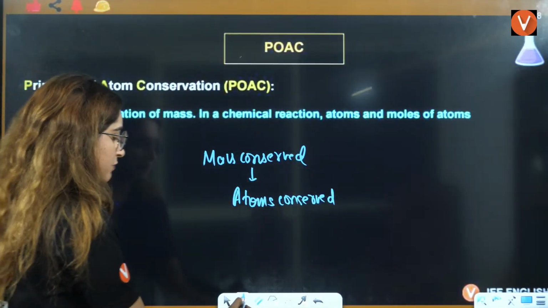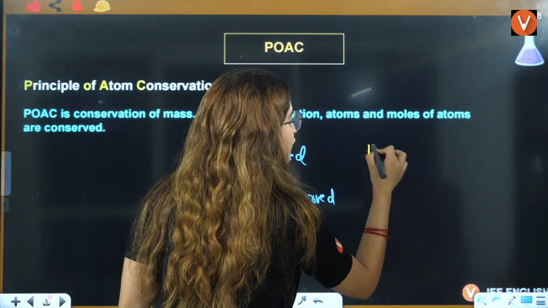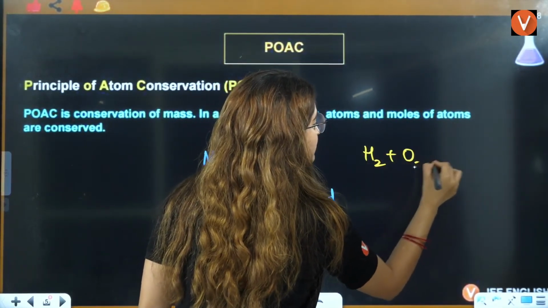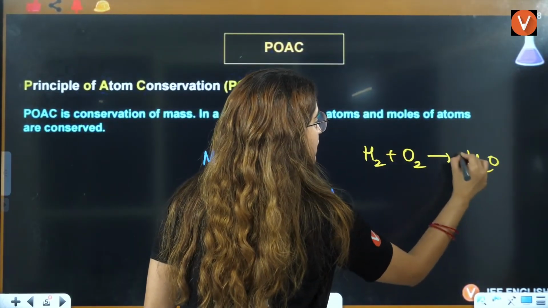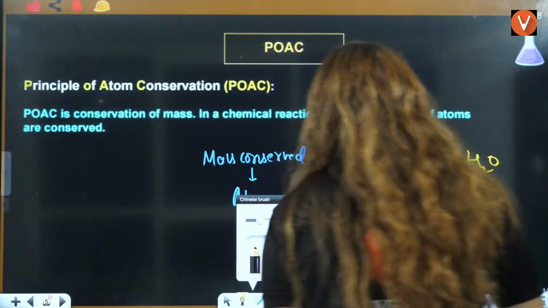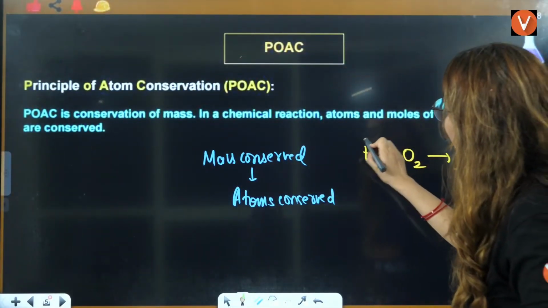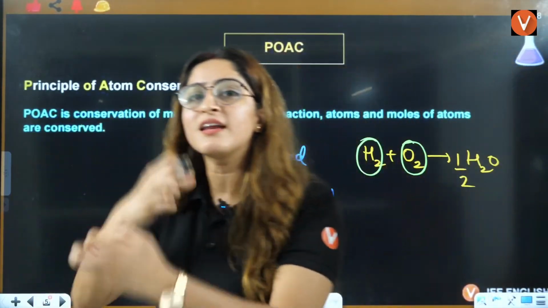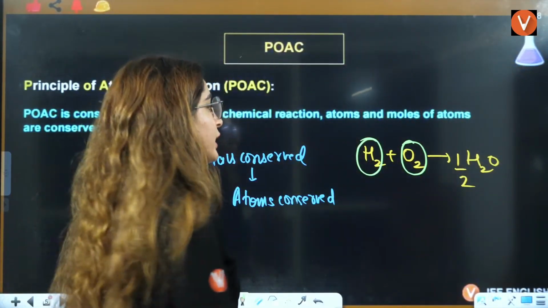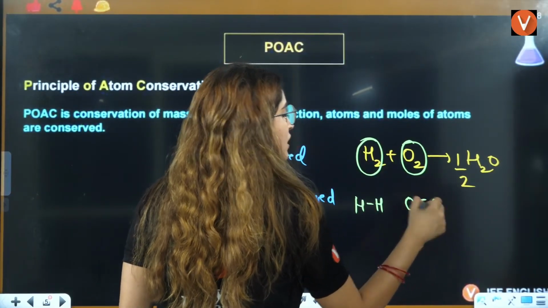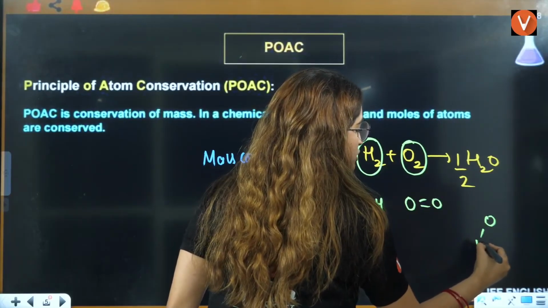For example, let me give you an idea about it. Like we have H2 plus O2 that gives rise to H2O. Now, this is the balanced chemical reaction. Earlier it was H2, earlier it was O2. Now, after rearranging the atoms, it has become H2O.